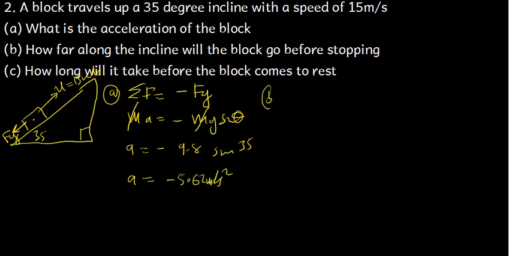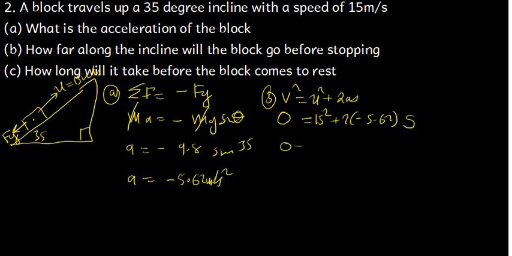Second one: how far along the incline will the block go before stopping? v squared is equal to u squared plus 2as. Before stopping means the final velocity is going to be 0. We know the initial speed as 15, plus 2 times the acceleration, which is negative 5.62, the one we just calculated, times the distance.